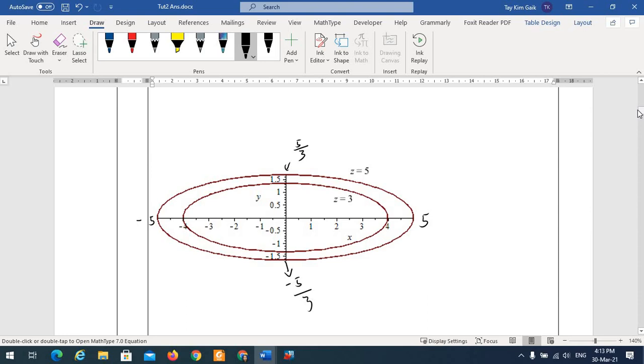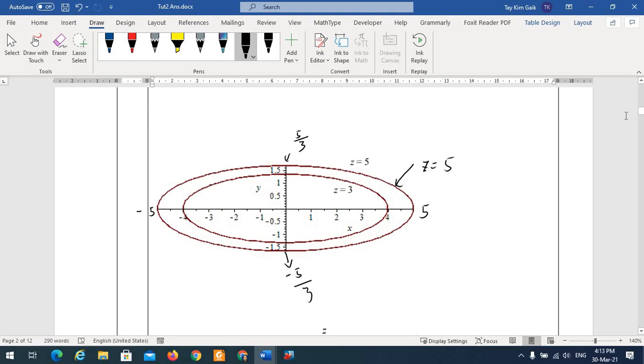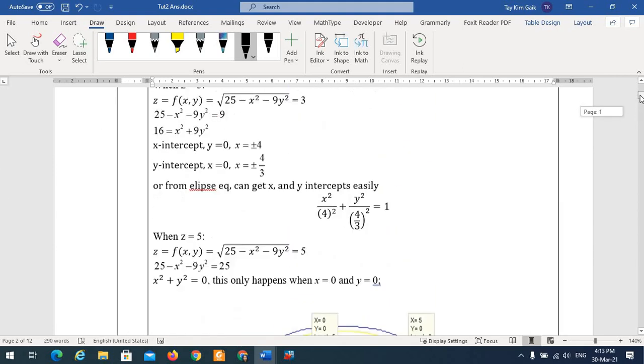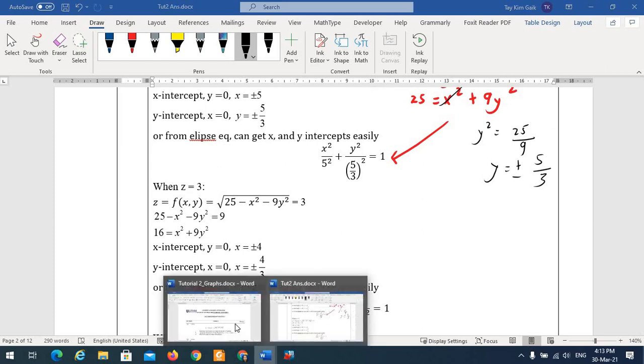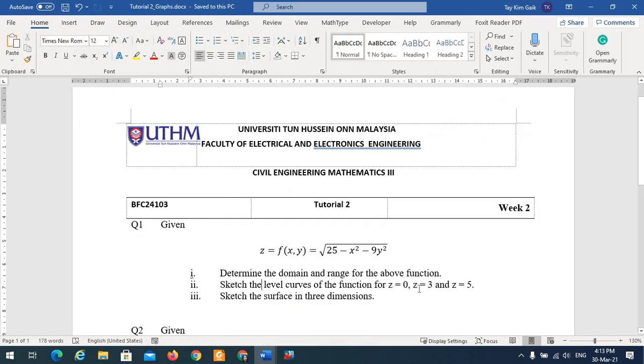So this is actually when z equal 5. This is the level curve when z equal 5. Later on, they give another one. This one is z equals 0. Z equals 3.